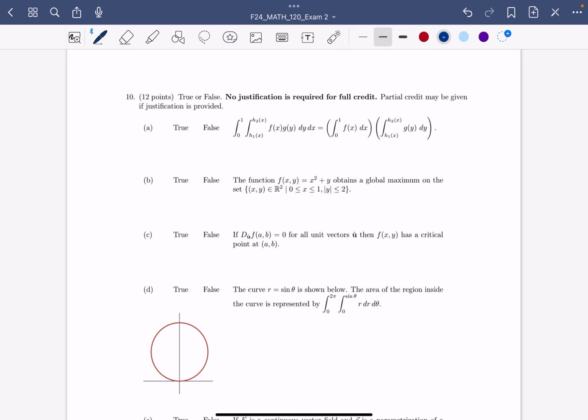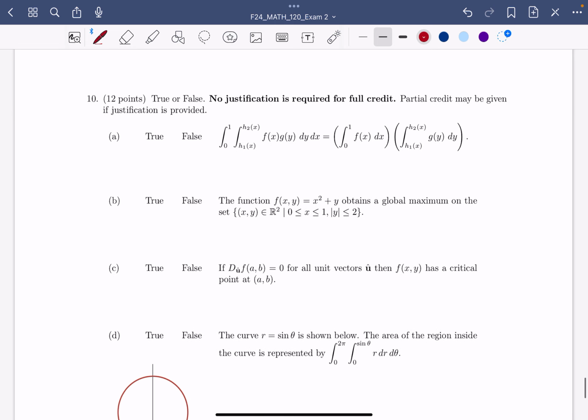No, because h2 of x and h1 of x, they both depend on x. So you can't just pull out something that depends on x out of an integral with respect to x, right? Okay, so false.